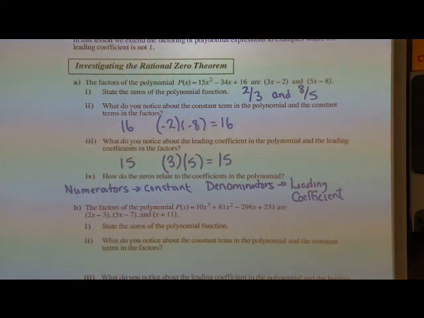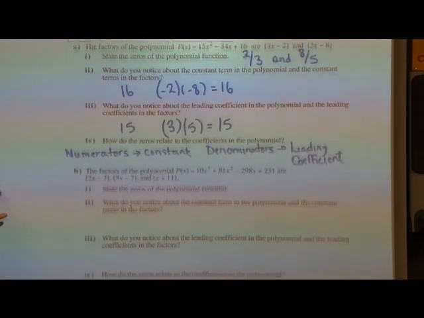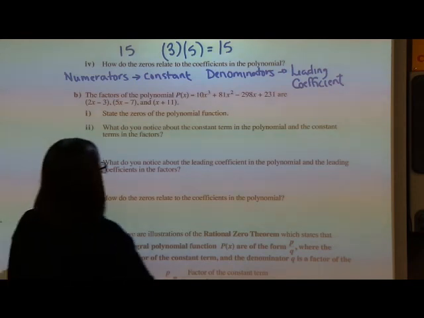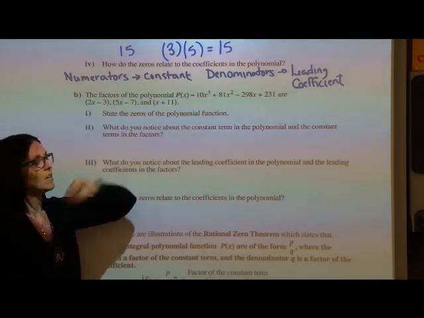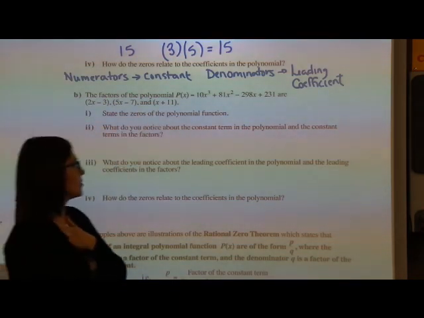So if we look at question B, B gives us a third degree polynomial, 10x cubed plus 81x squared minus 298x plus 231. It says state the zeros of the polynomial function. These are the factors. So if those are my factors, what are my zeros?